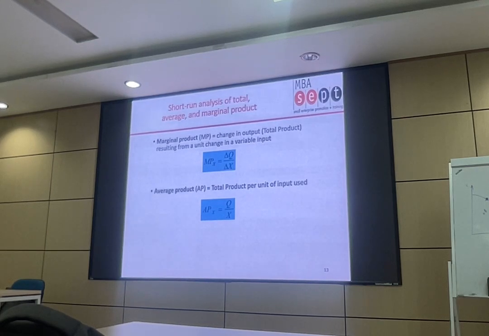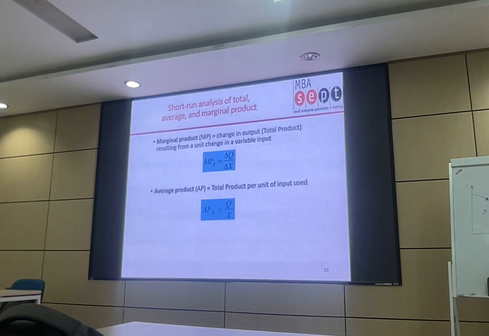So when you sell one more unit of product, how much revenue will you get? That is the marginal revenue. So it's the same way we understand marginal.